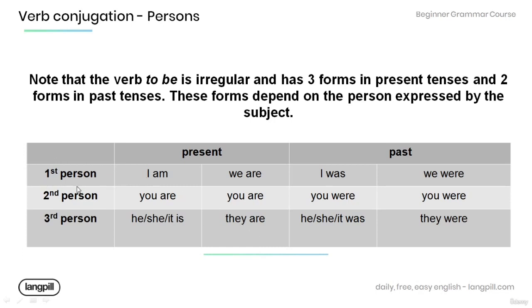And when we use the first person, in the past tense, we say I was, we were. Second person, you were, you were. And in the third person, he, she, it was, they were.